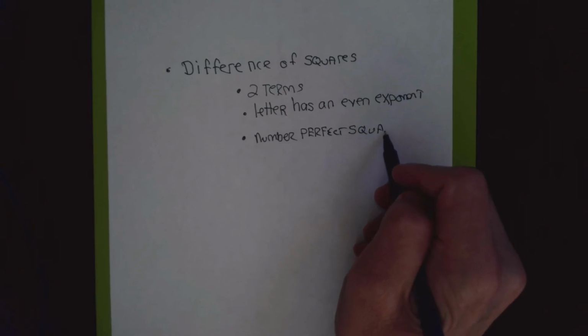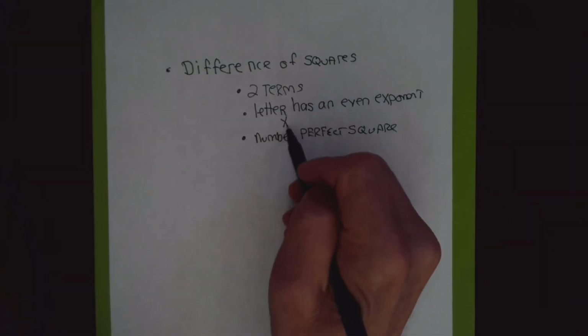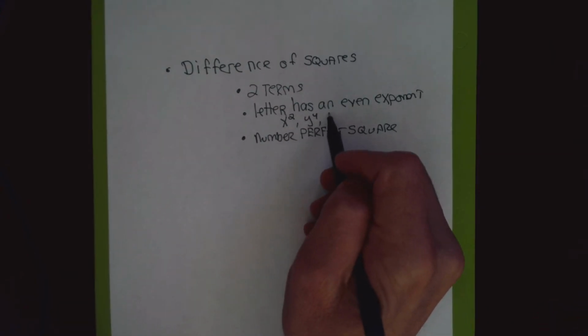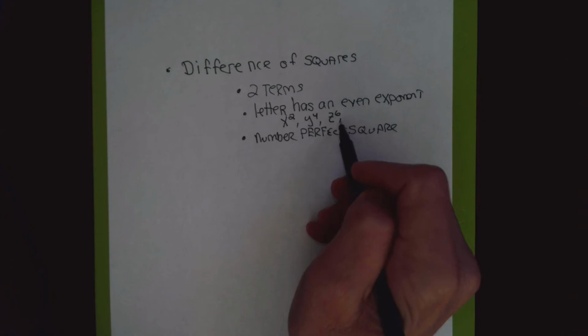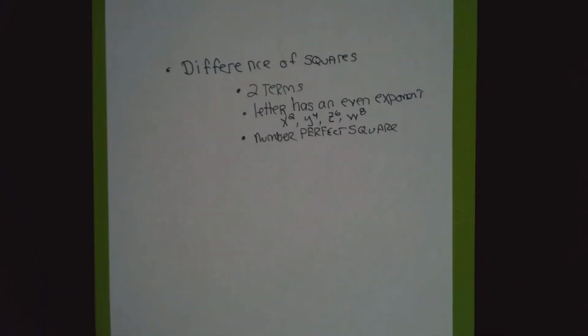So the kinds of letters that I might see, maybe an x squared, or I might see a y to the 4th, or a z to the 6th, or a w to the 8th. In order to classify as a difference of squares, those are the kinds of letters I might like to see.